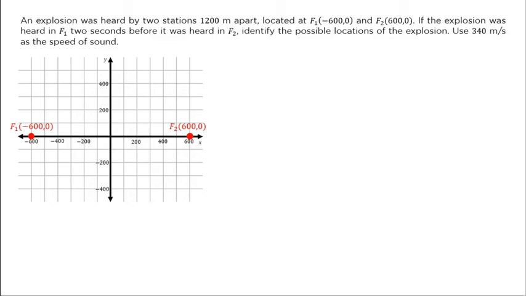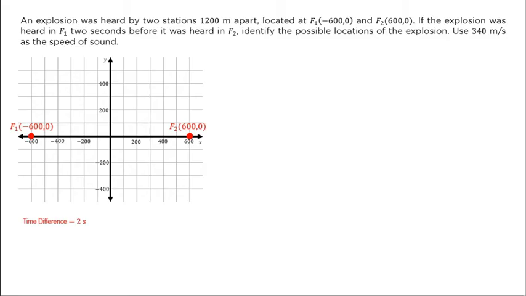Now, going back to the problem, if the explosion was heard in F sub 1 2 seconds before it was heard in F sub 2, identify the possible locations of the explosion. So we are given here the time difference, which is equal to 2 seconds. The explosion was first heard in station 1, which is F sub 1, and the time difference is 2 seconds.